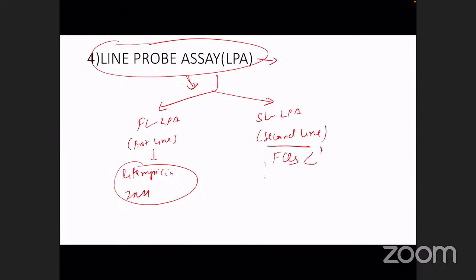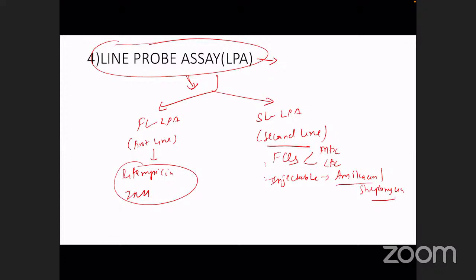Obviously, we use only these two drugs, moxiflox and levoflox, and for the injectable agents, maybe only amikacin. Obviously other drugs also, but as per the guidelines, we use only amikacin and streptomycin. So first line LPA is for rifampicin and INH, and second line LPA is for fluoroquinolones and injectable agents.